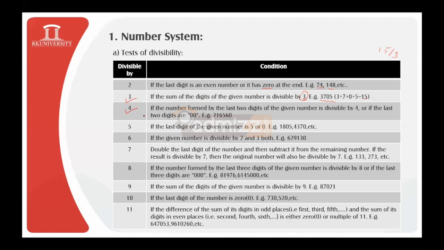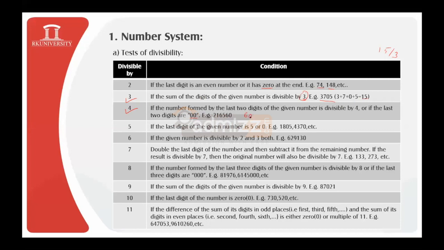Now, if the number is divisible by 4, then what will you do? If the number formed by the last two digits of the given number is divisible by 4, or if the last two digits are zeros, at that time number is divisible by 4. You can see here which number is given. 216560 is given.